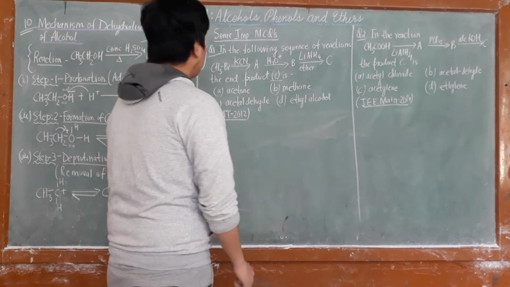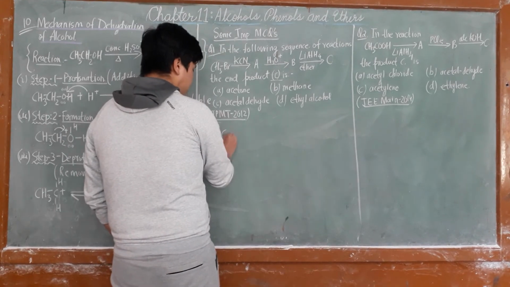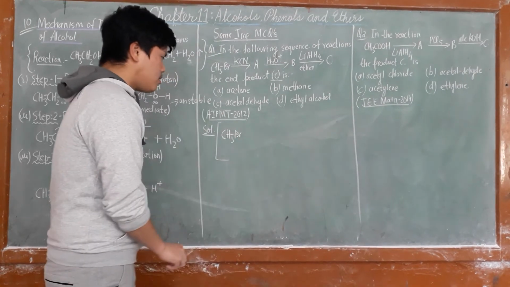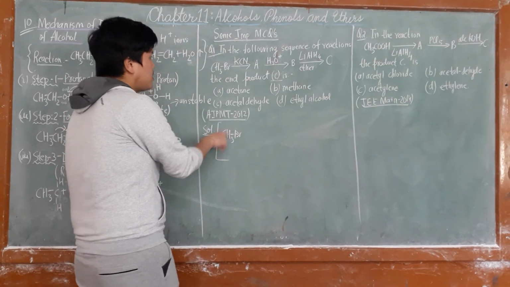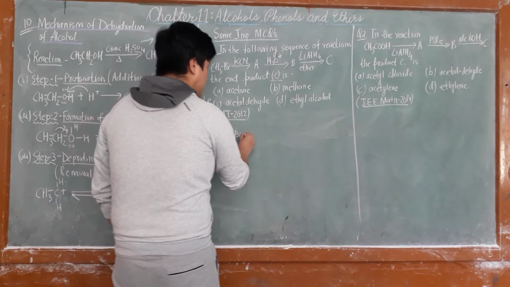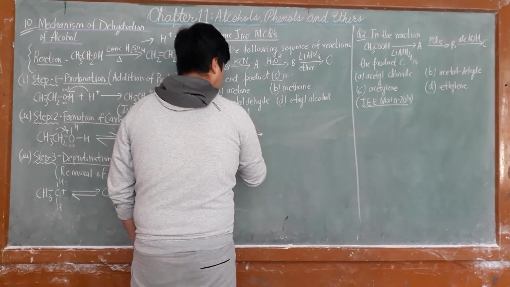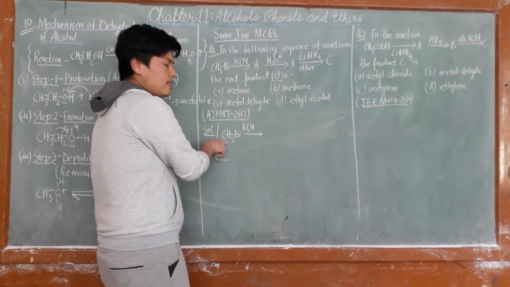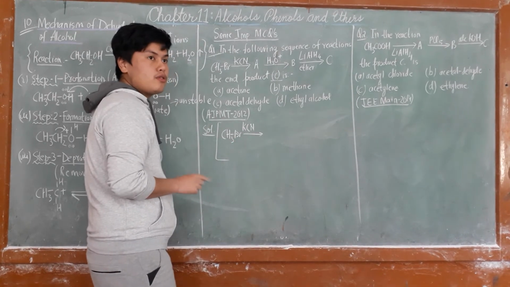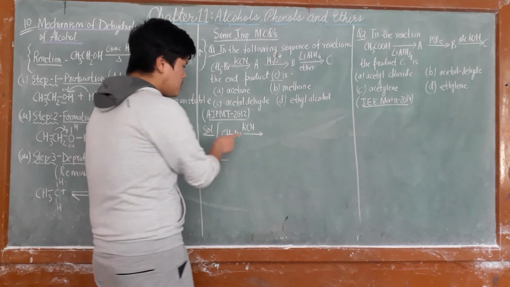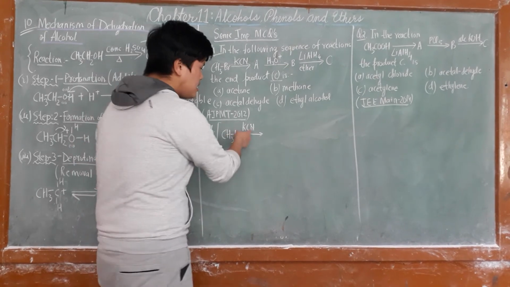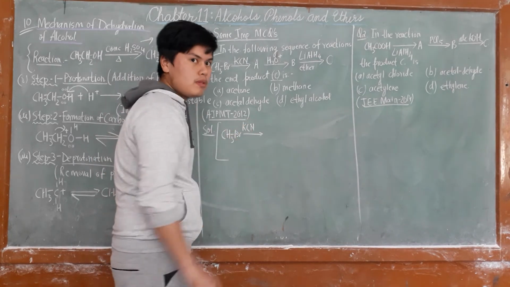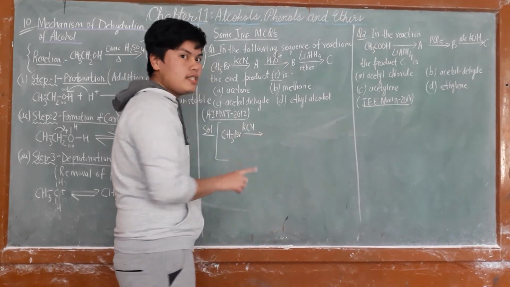First of all, what we have is CH3Br. Now CH3Br, an alkyl halide, reacts with KCN by nucleophilic substitution. If it were AgCN, NC would be formed instead, because AgCN is covalent in nature.